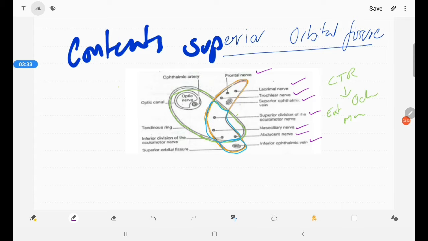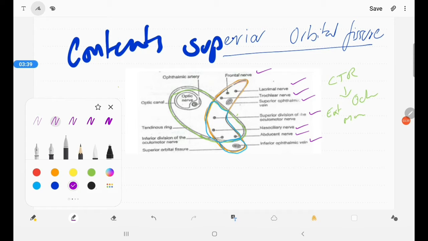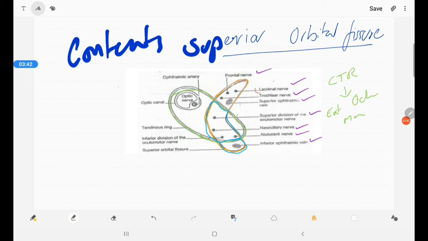So there is a mnemonic to this, which is LFT. LFT, which is liver function test.